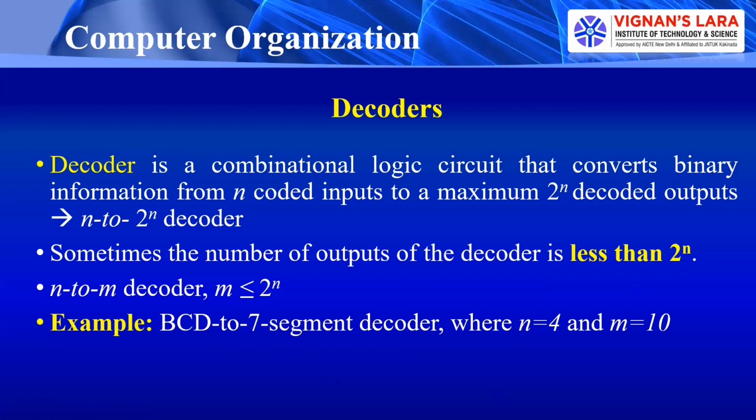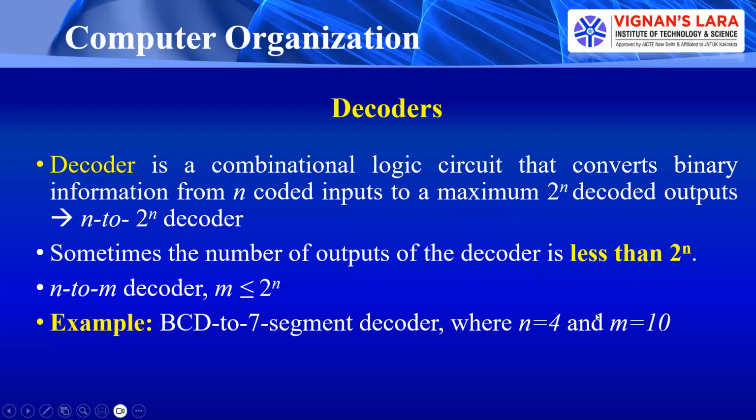7-segment display, in the sense in our digital watches, the digits are displayed over 7-segment displays. The number of segments present on that display is 7. By using that 7-segment display, we can display the decimal digits from 0 to 9.